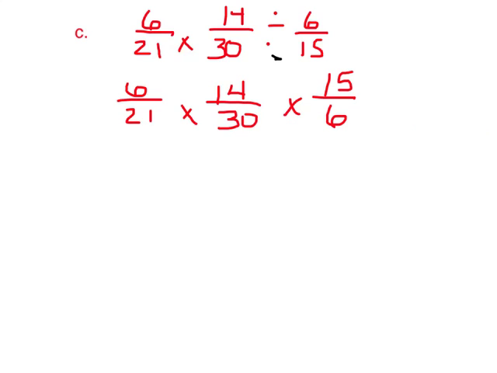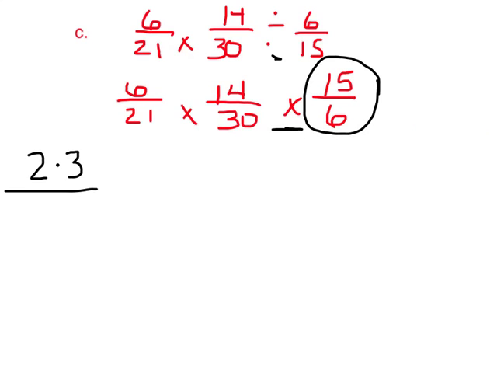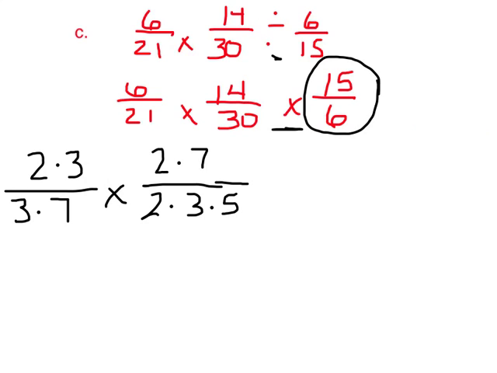So I've gone ahead and changed that and inverted it so we can multiply. 6 is 2 times 3 and 21 is 3 times 7. 14 is 2 times 7. 30 is 2 times 15. 15 is 3 times 5. 15 is 3 times 5. And 6 is 2 times 3.